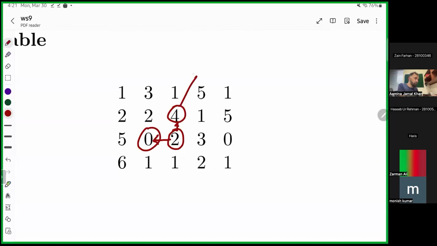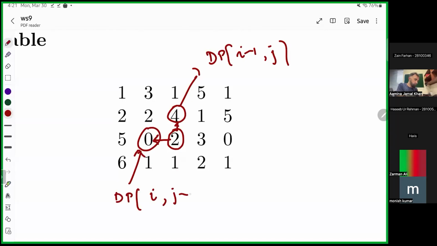And we already said that this is dp of, what is it? एक रो ऊपर है आप तो it's I minus 1 comma j, और ये वाला आपके पास है dp of I comma j minus 1. Okay, so these are the two ways you can reach this point, and you should prefer the smaller of them, right? Because you're interested in minimizing the cost, and that's going to give you the recurrence for dp.